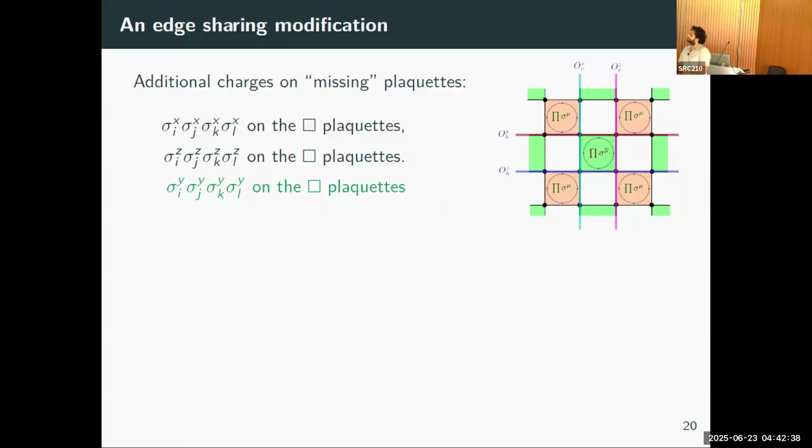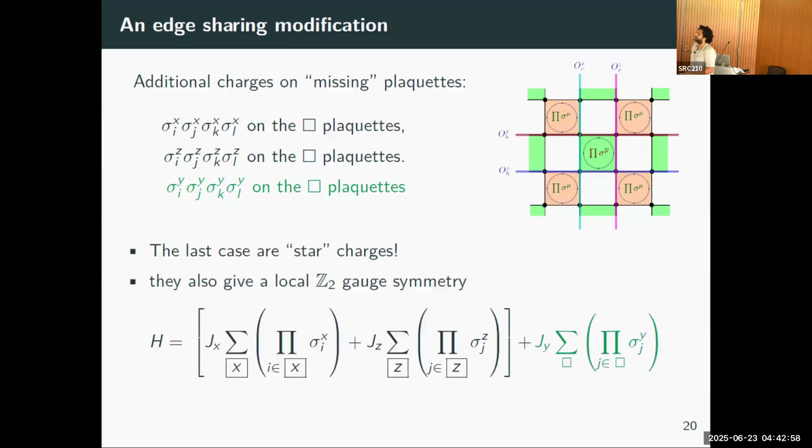There's a lot of structure in these models. So in fact, on these plaquettes, all 3 kinds of 4-spin products are conserved, it turns out. And this particular one is of interest because if you just consider this on the missing plaquettes, they are also mutually conserved. So the way to think about this last case is essentially like the star charges of the Kitaev toric code.